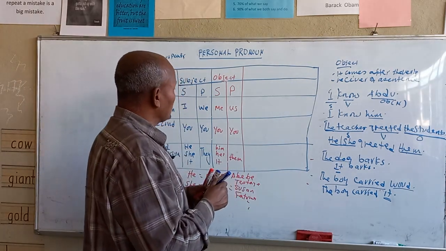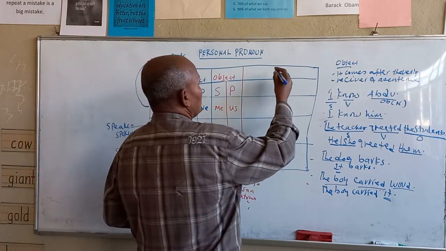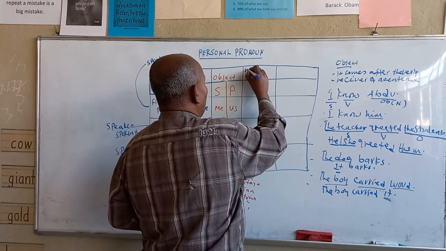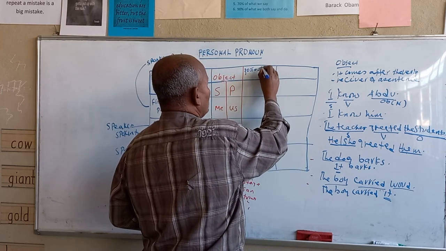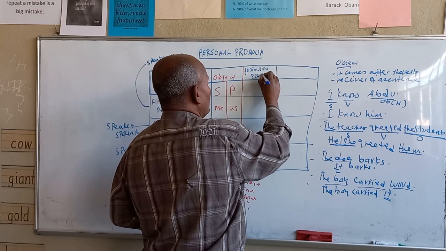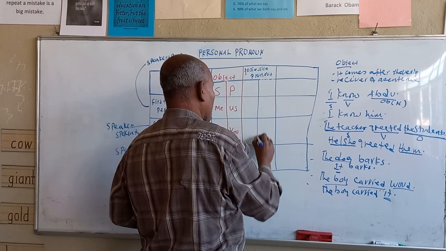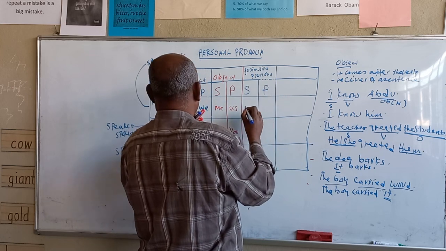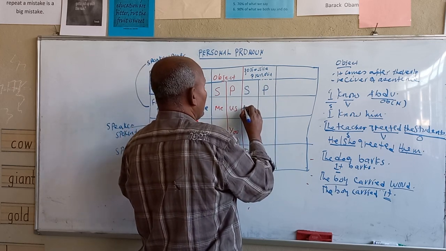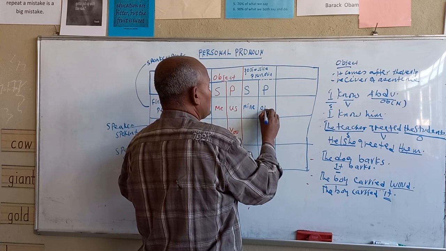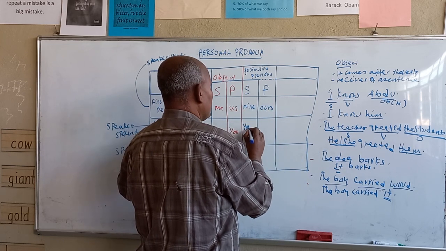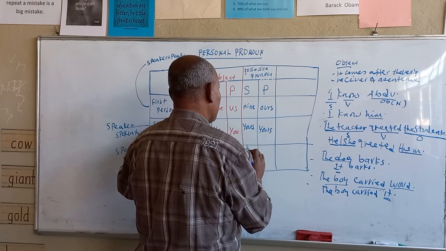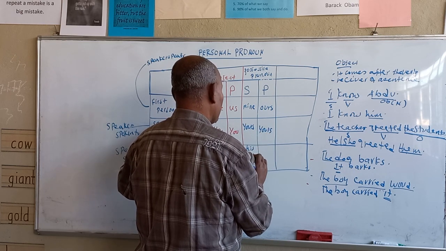The other part is the possessive pronoun. I can categorize it into two: singular and plural. The possessive pronoun form of I is mine, and this is ours, this is yours, and here is yours, and here is his, hers.